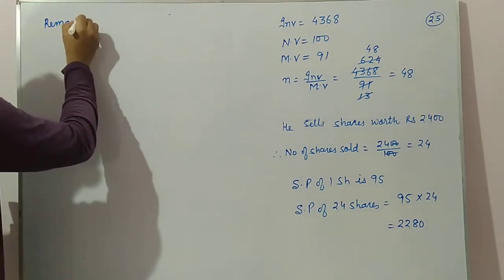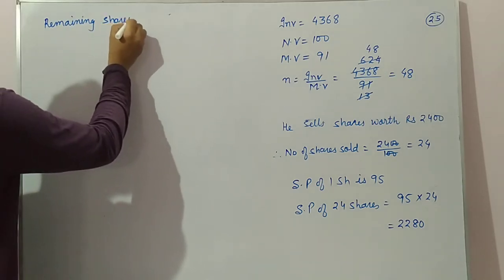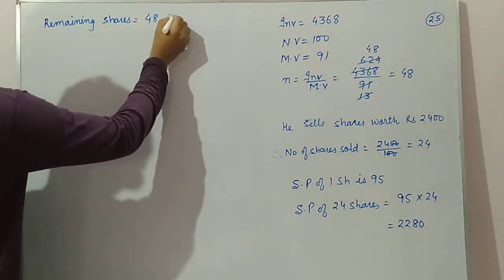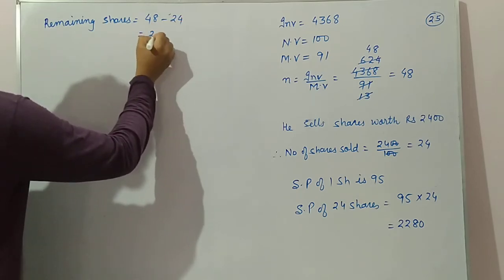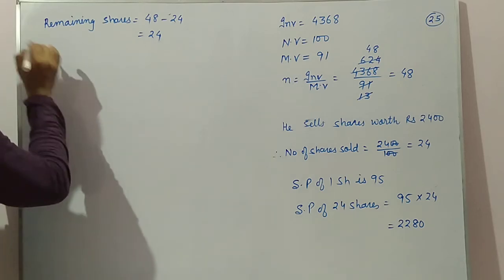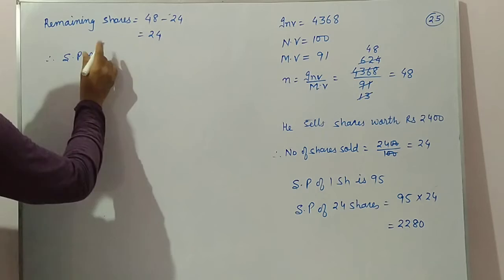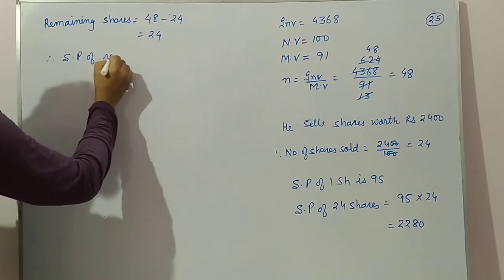How many shares are remaining? Remaining shares, that is 48 minus 24 equal to 24. Therefore, SP of remaining shares.